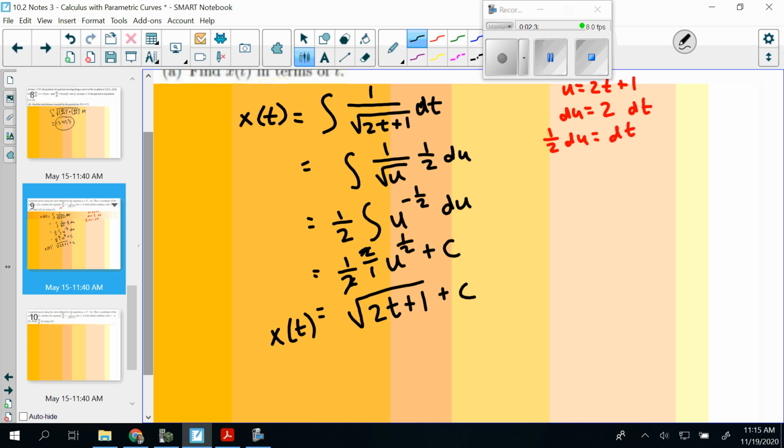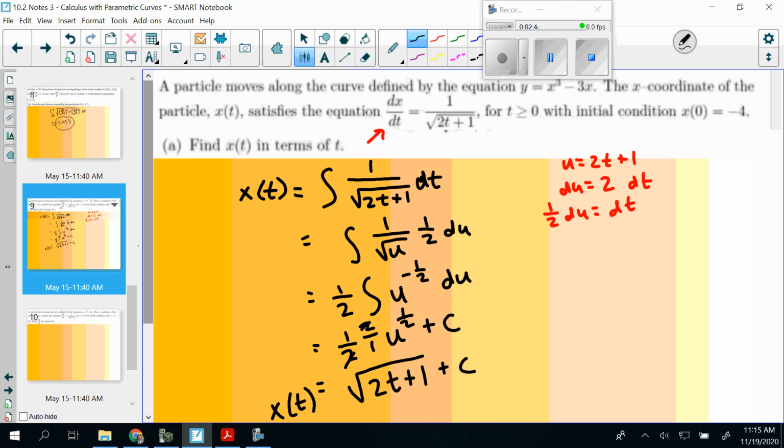Now they want though, what is the exact one? So we have to figure out what that c is going to be. To do that, we're going to use that initial condition that it gave us up here, that x of 0 equals -4.